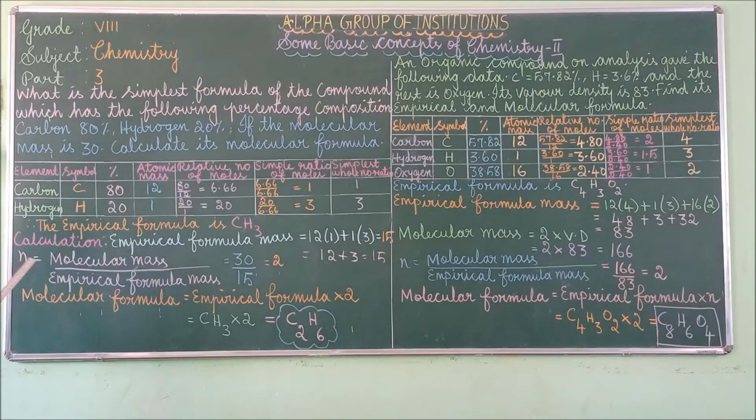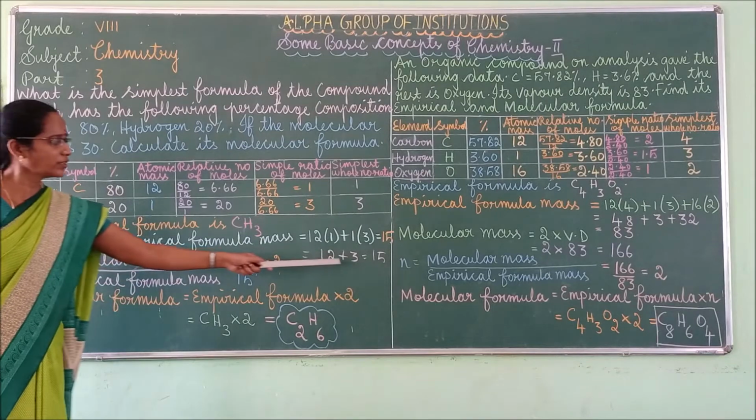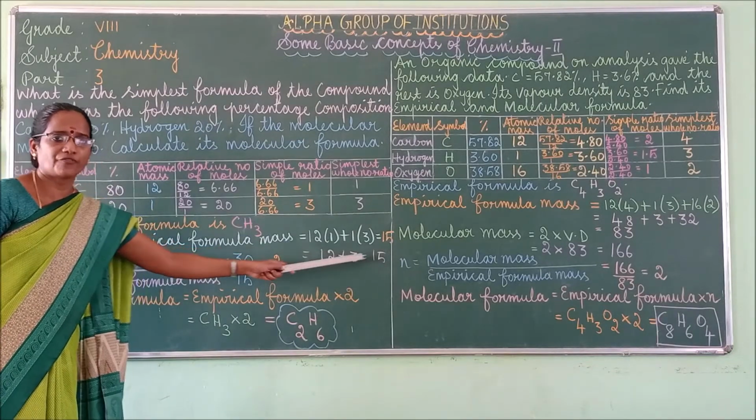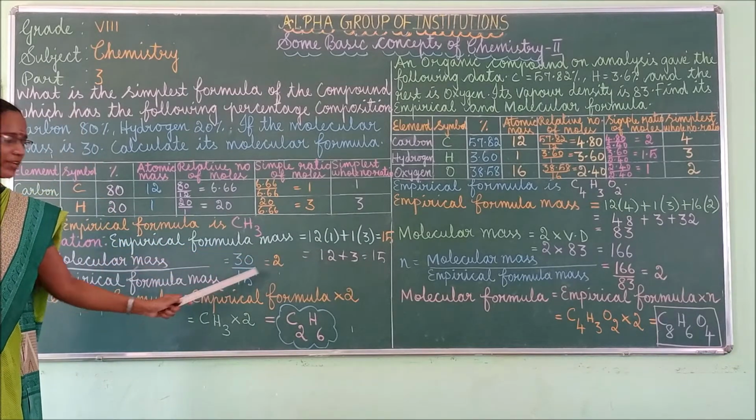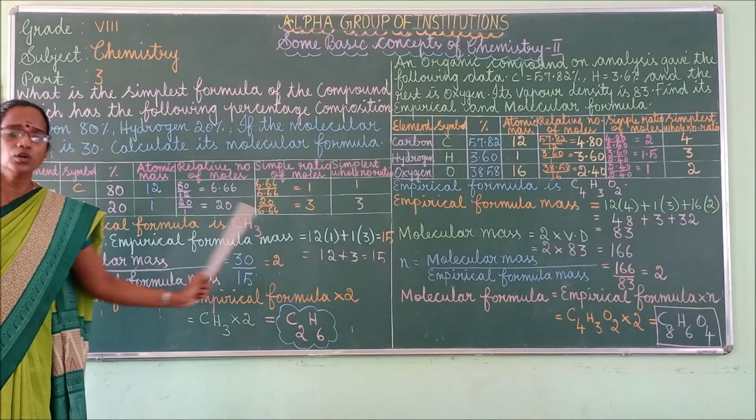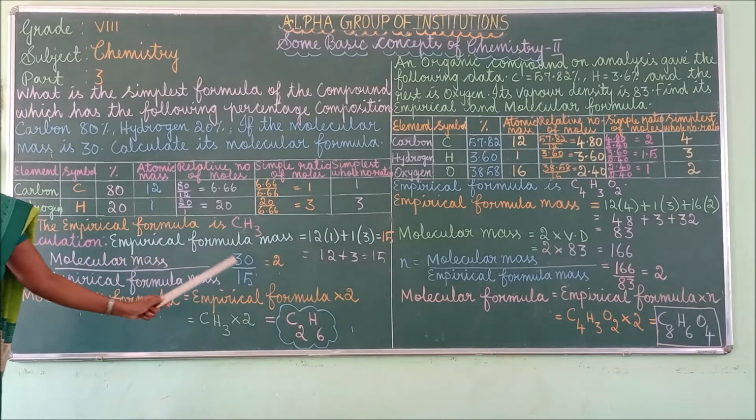What is the molecular mass given? It is given in the question itself, 30, isn't it? So molecular mass 30 divided by empirical formula mass, this is the empirical formula mass 15. 30 divided by 15, you will be getting the answer 2. So now you know the n value also.